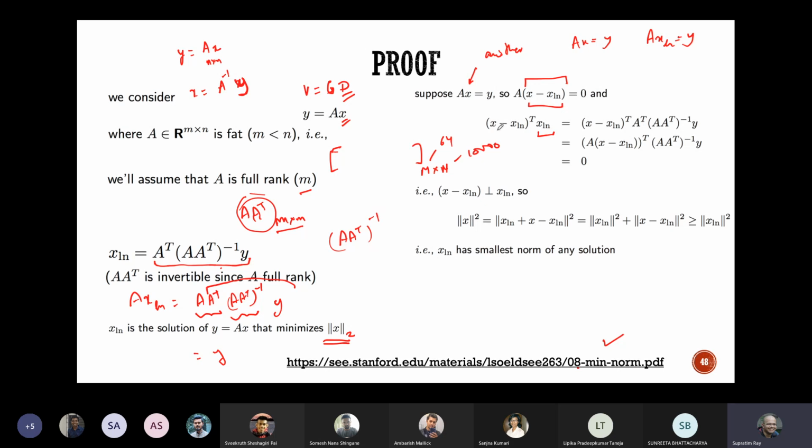I put the value of x ln from here. So (x minus x ln) transpose, and here I have put the value of x ln. But notice that I've got a transpose here and a transpose there. So I just put this together and write it as (A(x minus x ln)) whole transpose. But what is this? This is 0. That means x minus x ln happens to be orthogonal to x ln.